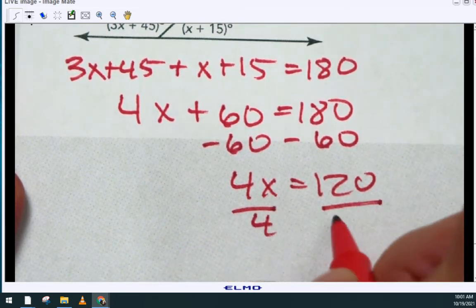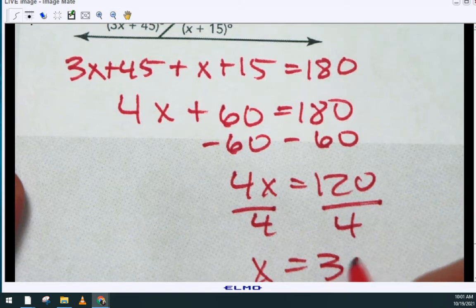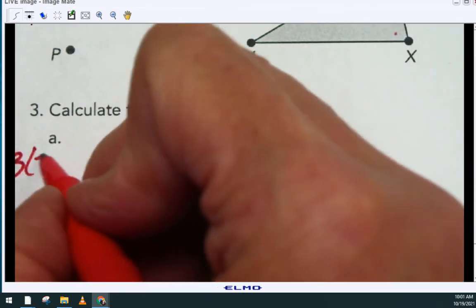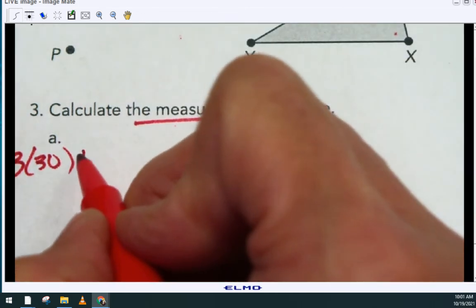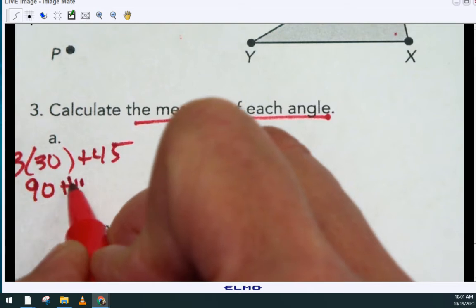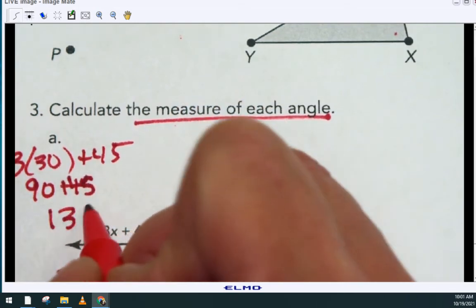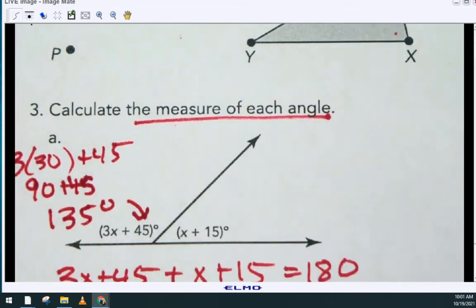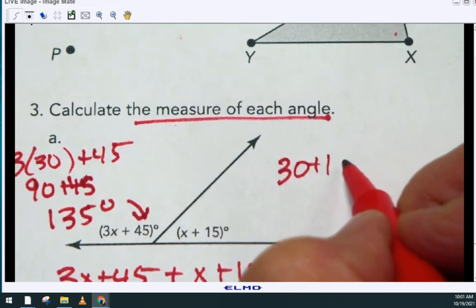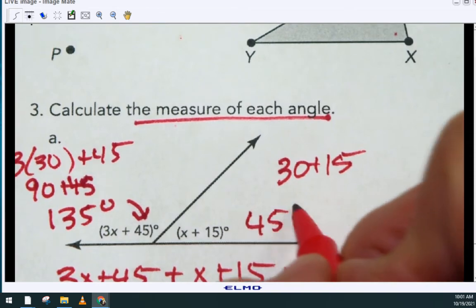Divide by 4, and x equals 30. So then I need to plug that in. So 3 times 30 plus 45. So 90 plus 45 will get me 135 degrees. If I plug in 30 here, I have 30 plus 15, and this gets me 45 degrees.